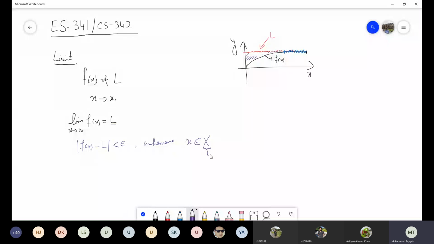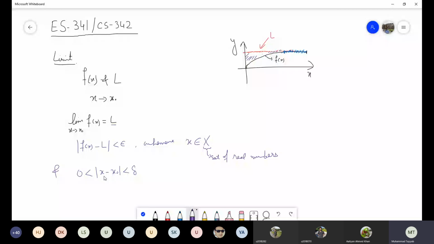The capital X is the set of real numbers. Set of real numbers, right? And the definition is not yet finished. The important part is 0 less than the absolute value of x minus x naught less than delta. Any value we get from the difference of x and x naught.